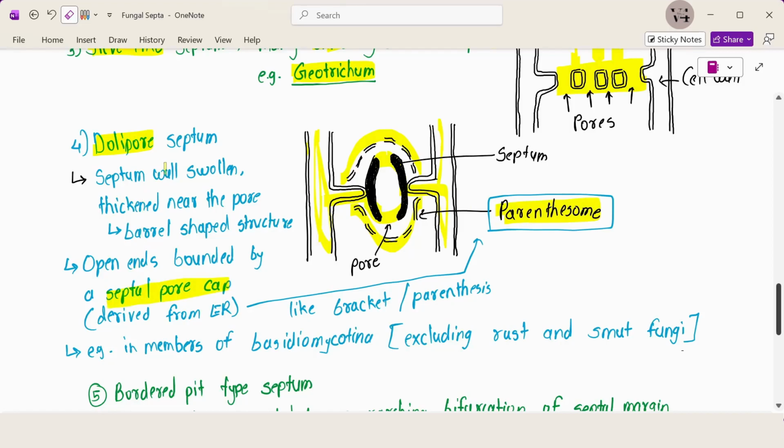In dolipore septum, the septal wall is swollen near the pore to form a barrel shape. The open ends are bounded by septal pore caps derived from the endoplasmic reticulum. These appear like parentheses and hence named parenthesomes. Dolipore septa are found in members of Basidiomycotina, excluding rust and smut fungi.